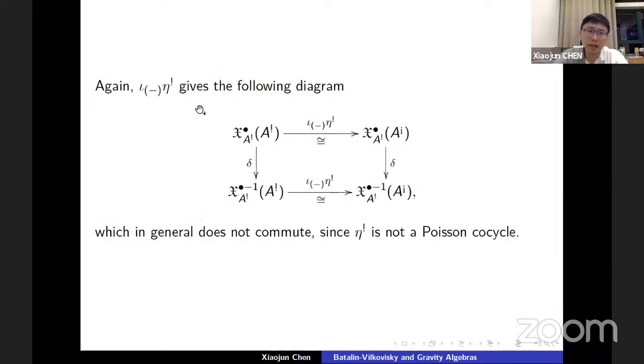So now again, this contraction gives the following diagram, which in general does not commute, since this volume form is not a Poisson cocycle. Means the isomorphism between A Shrek and A anti-Shrek is not Poisson.